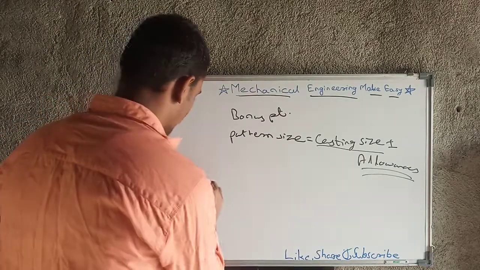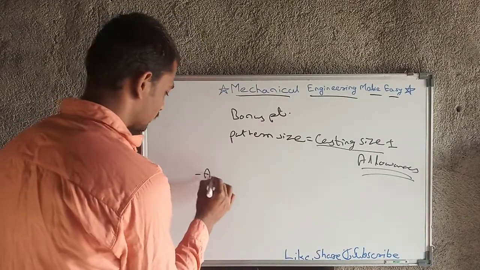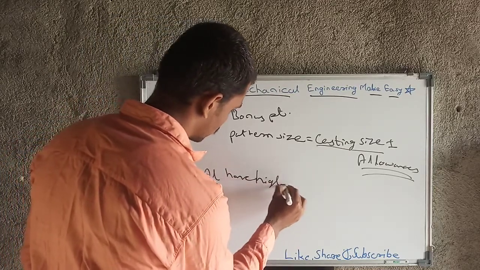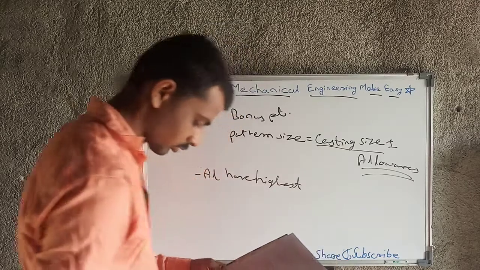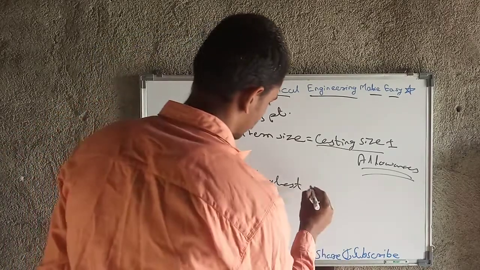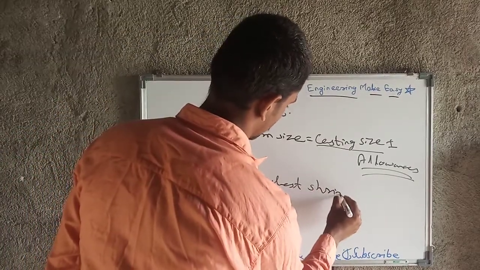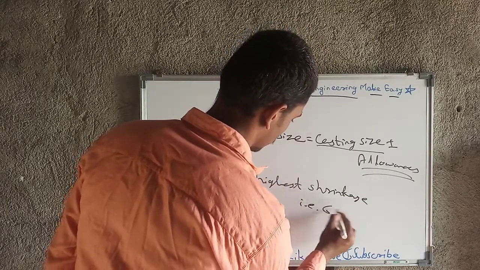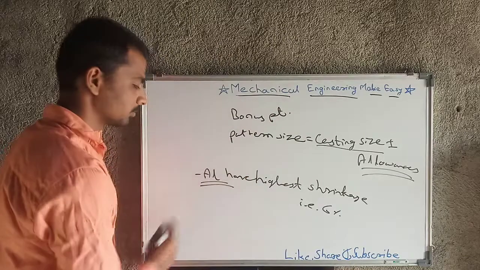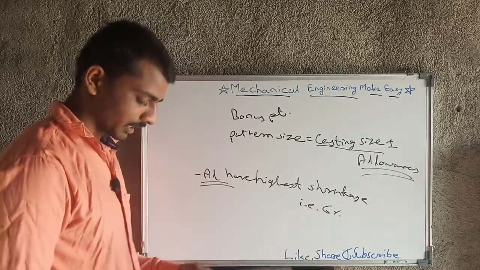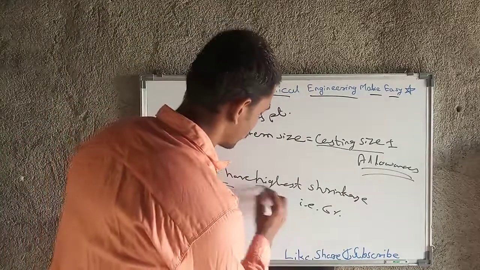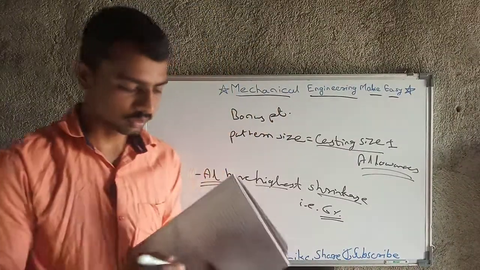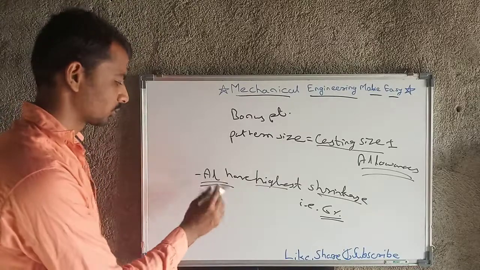There is another bonus point: aluminum has the highest shrinkage, that is 6%. Aluminum is such a material which has the highest value of shrinkage, and 6% shrinkage takes place. This is the percent of shrinkage of aluminum.